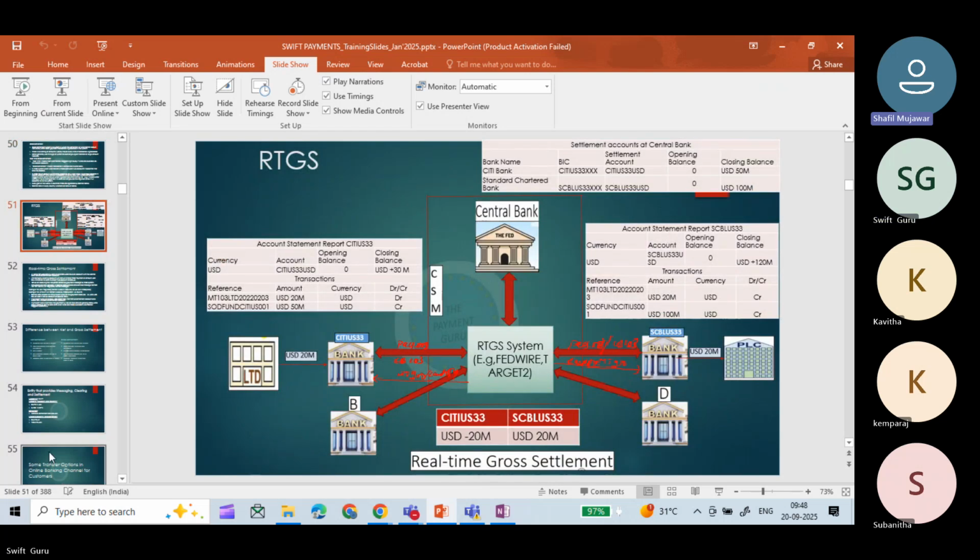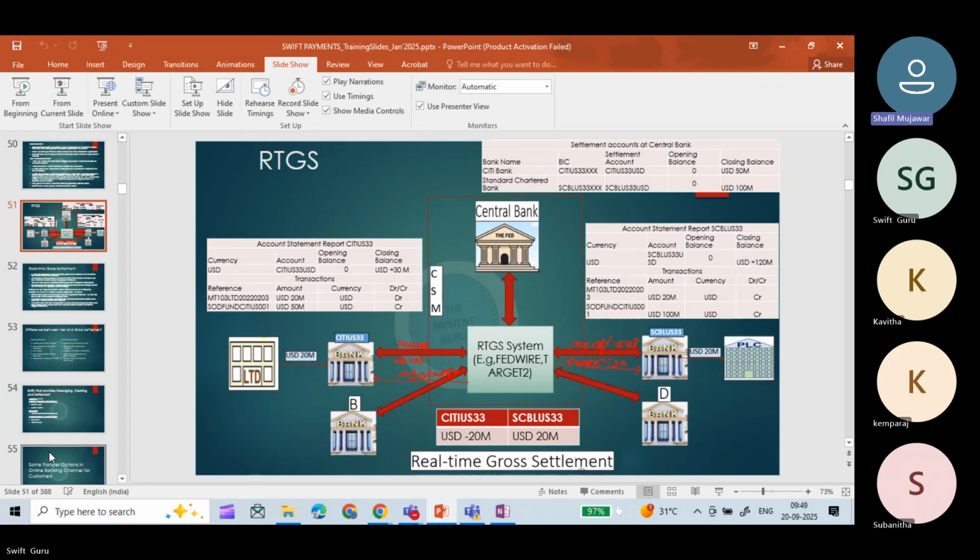But how did the communication happen from City US to SCBL? I'm just asking, is RTGS facilitating that, or the respective Fedwire, in this case Fedwire? Fedwire is their local system, right? Yes, Fedwire is providing its messaging services. The system itself provides messaging services and clearing services, and the settlement is done by the central bank side.